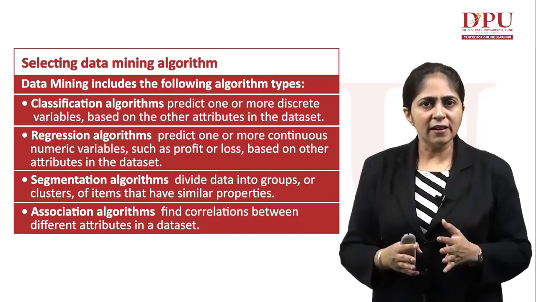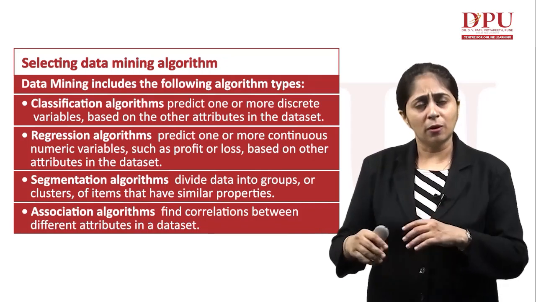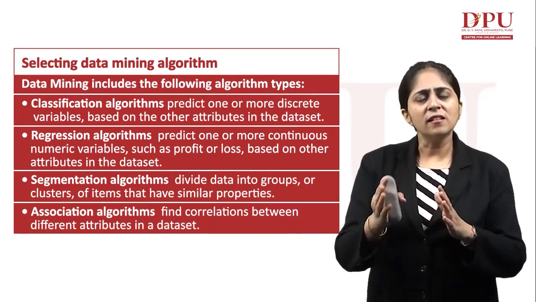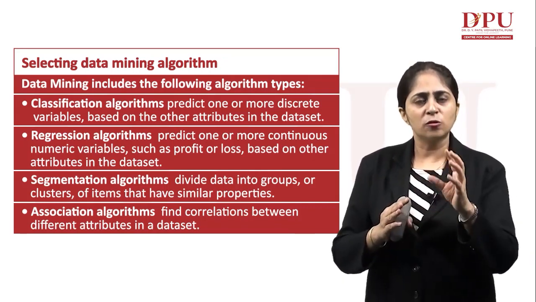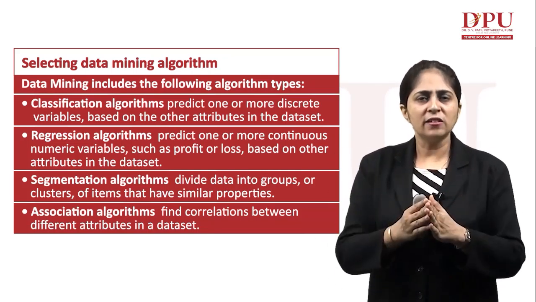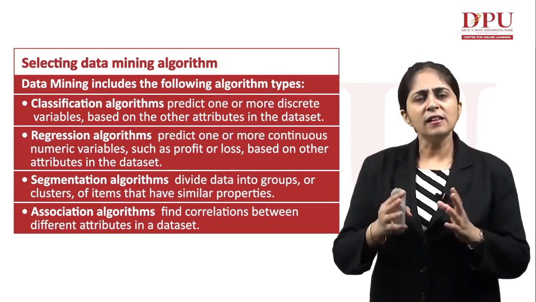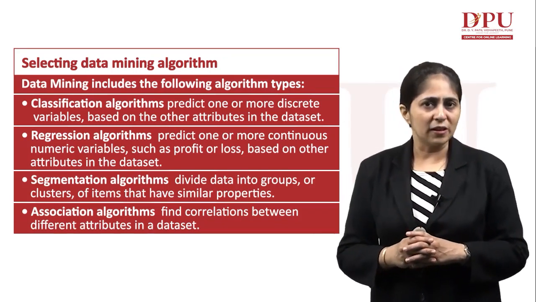Like if you buy a dress, what are the chances that you buy same colored shoes with it? So that is the association algorithm. We are associating one thing with another thing, finding the correlation between different attributes in a data set.